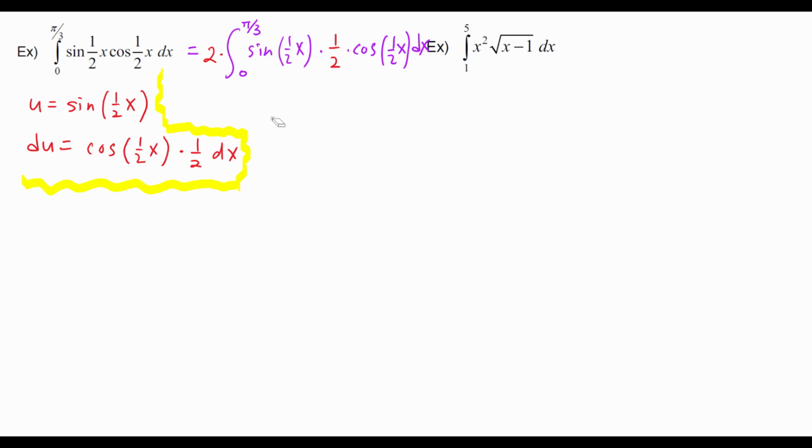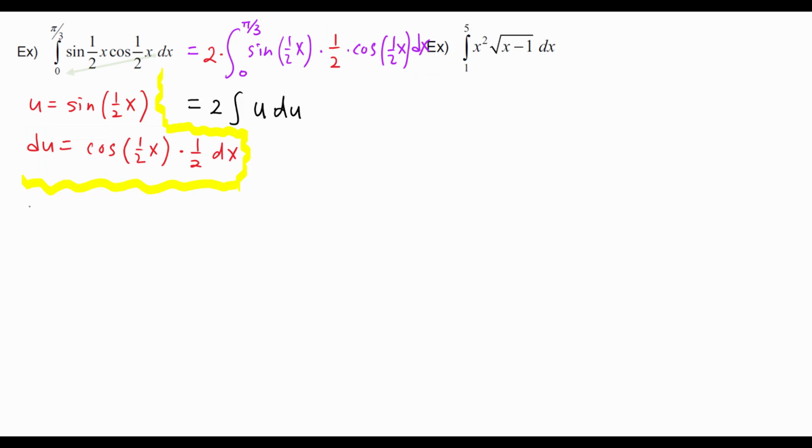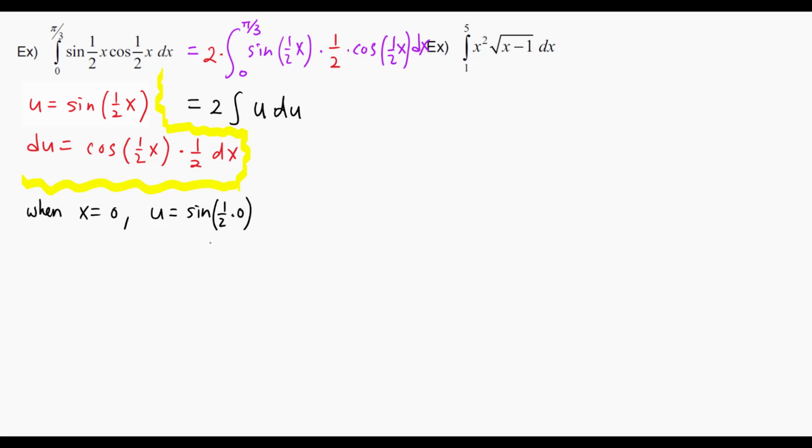So now I have what I need. Let's go ahead and do the substitution. So then I have 2 times sine 1/2 x is my u, and 1/2 cosine 1/2 x dx is my du. When x is 0, my u is sine of half times 0, which is sine 0, and sine 0 is 0.